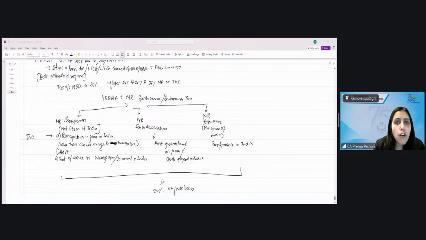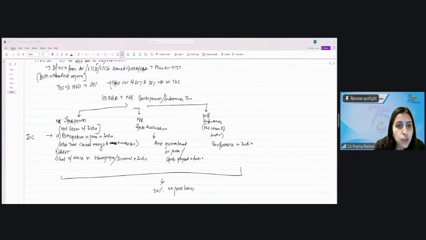Next is the income of the non-resident sports person or the sports association as we may call it. Okay. So for that, we have again a specific provision applicable under section 115BBA.